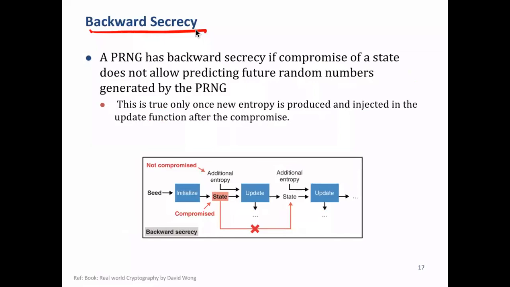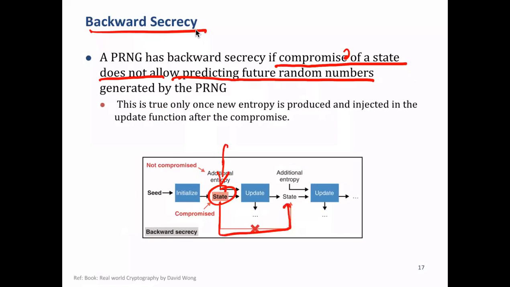Backward secrecy means the compromised state does not allow predicting future random numbers. If this state is compromised and I know this state as an intruder, it should not allow me to find out the next state or the next random number that's generated.